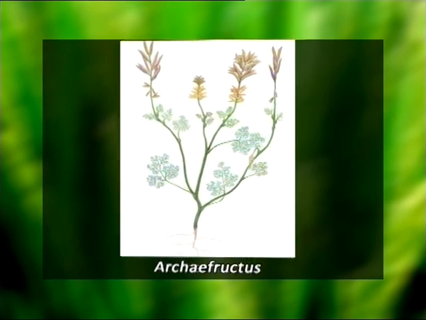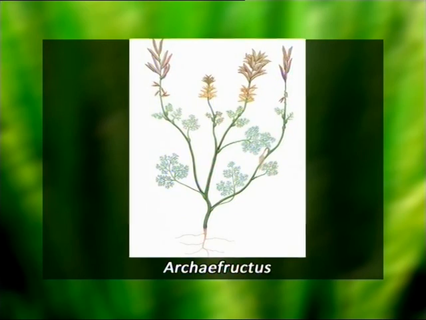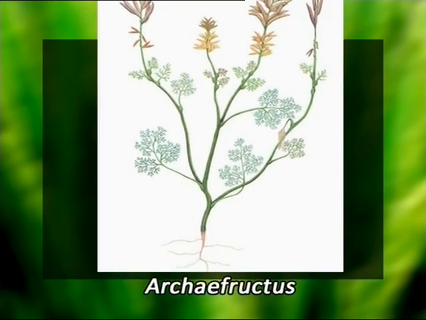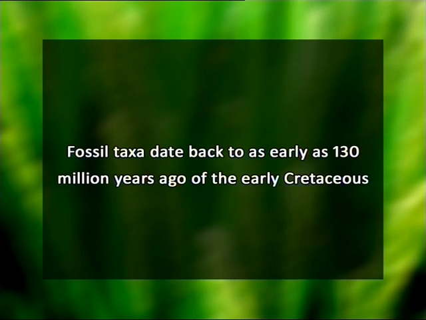Very recently, a fossil plant by the name of Archaefructus, which was collected from China, is believed to shed light on the early evolution of angiosperms. The fossil taxon dates back to as early as 130 million years ago during the early Cretaceous.